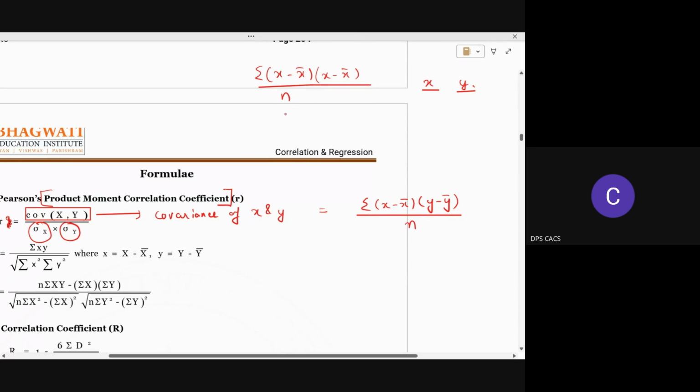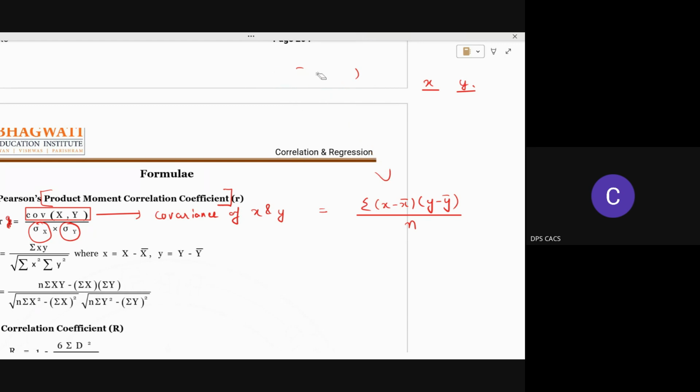Any problem? Square was there, no? So I can write it like this. And now I want a common variance of x and y. So changing x to y in one of the brackets, we have got the formula. Very easy. So whenever you feel that, sir, I have forgotten the formula of covariance, very easy. Write down the formula of variance. Two brackets. One bracket will be x. Another bracket will be y. Are you okay with this?